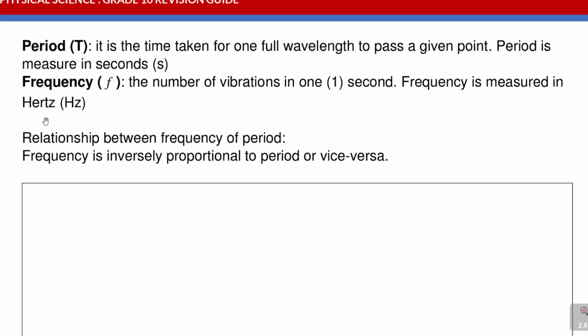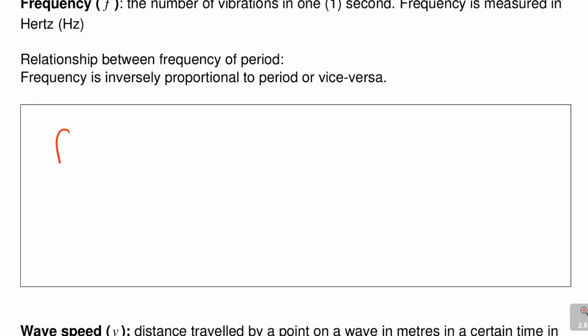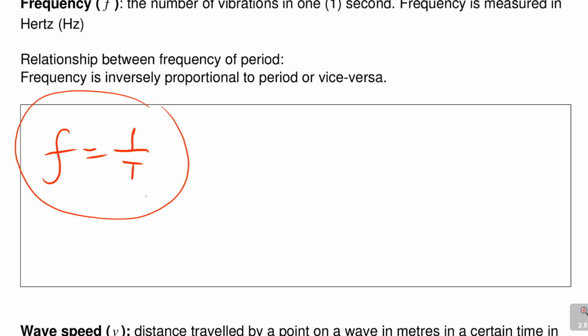In the previous lesson we looked at the definition of the period and frequency, and we explained that frequency is inversely proportional to the period. That is a very important definition, as well as vice versa, that period is equal to 1 over f.